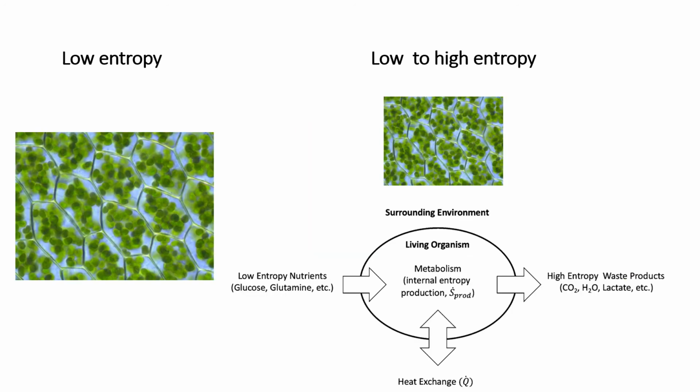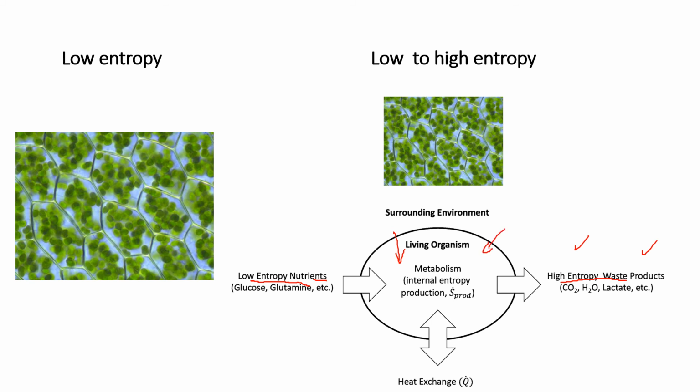when you analyze that, yes, the organisms that are growing are reducing their entropy, but how? They are absorbing nutrients that have low entropy, and as a result they are producing waste products that have high entropy.